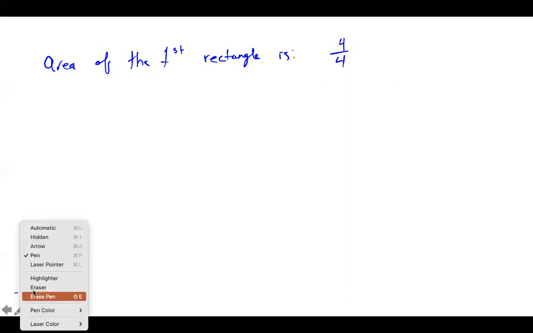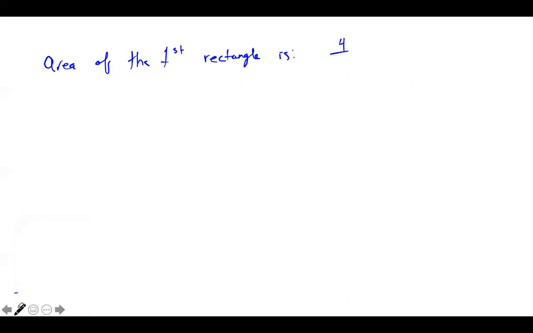Yeah, right. So the area of the first rectangle is 4/5, that's the height, times 1/4, which is equal to 1/5. This was the height, and this was the base.